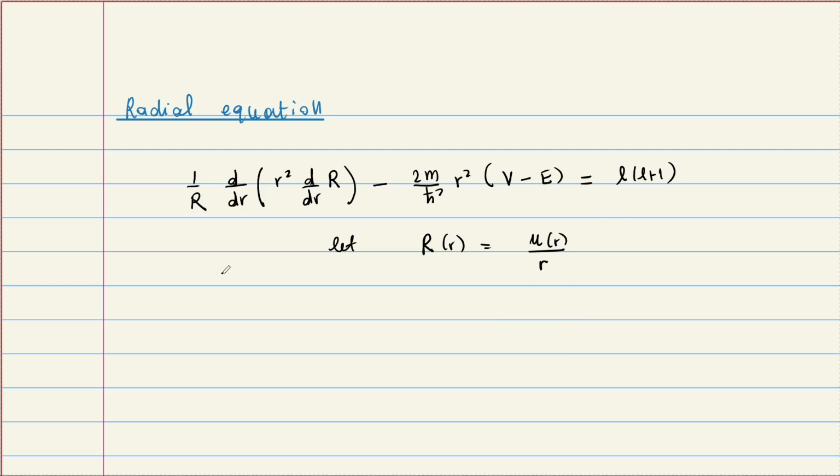So if I do this, I need to calculate dR/dr. Little d R dr is going to be equal to 1 over r du dr, I acted on here, or minus u over r squared. Then I have r squared dR/dr, which is going to be r du dr minus u.